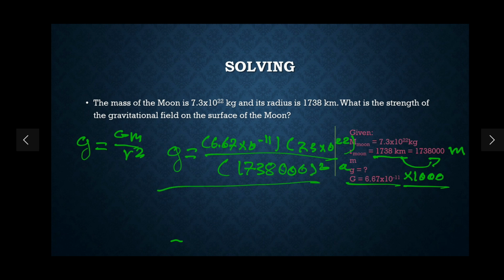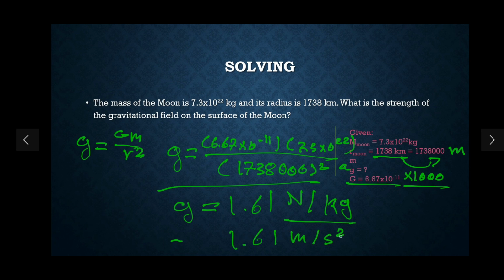Solving this gives us g equals 1.61 newtons per kilogram. If we want to write the acceleration due to gravity, we just need to convert these values to 1.61 meters per second squared.